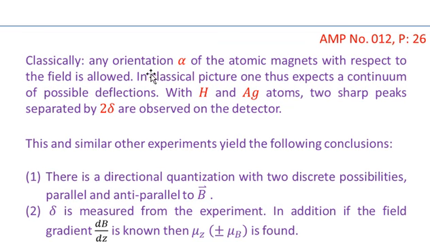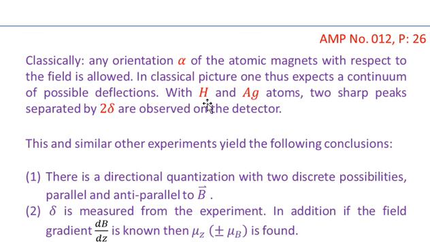Classically, any orientation of the atomic magnets with respect to the field is allowed. This is a classical result. In the classical picture, one thus expects a continuum of possible deflections, so there is no particular deflection. That is, a continuous deflection could be observed.